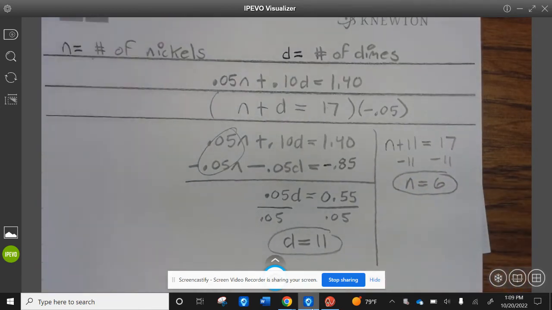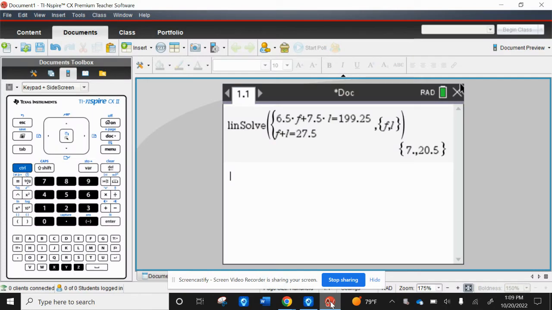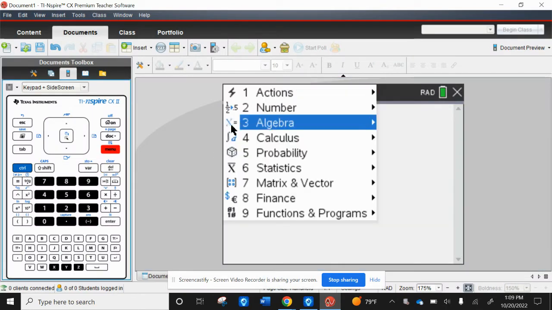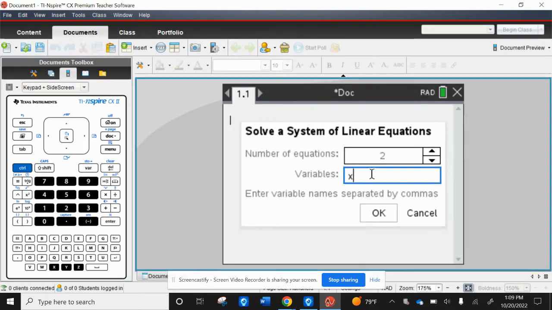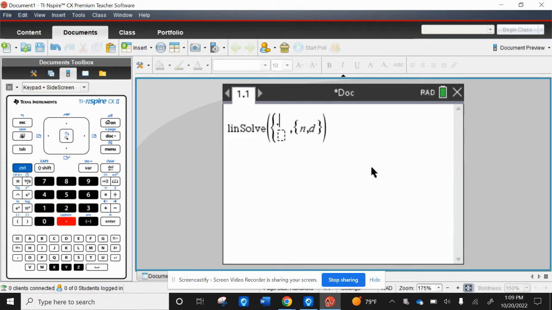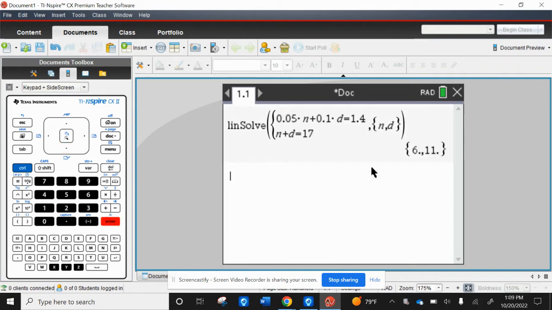Okay, so let's check our work. So I'm going to go to Menu, Algebra, Solve System. Now I'm going to change the x comma y to n comma d, 0.05 n plus 0.10 d equals 1.4, and n plus d equals 17.